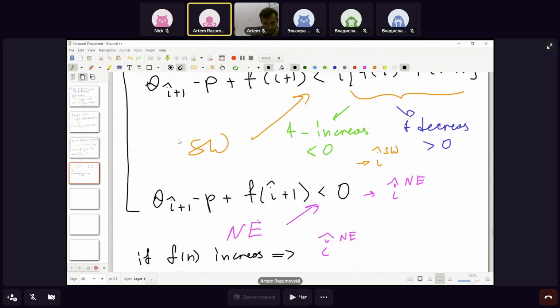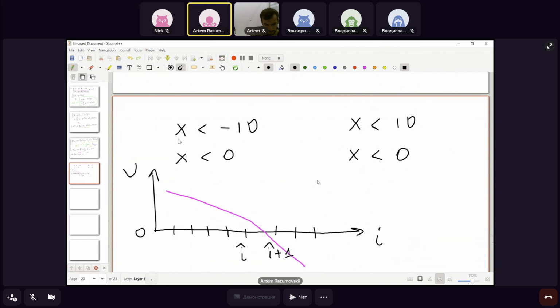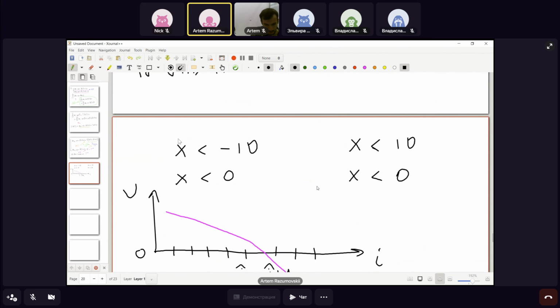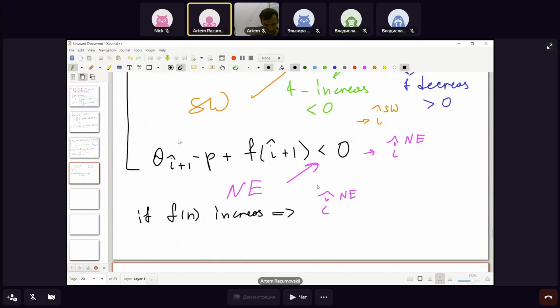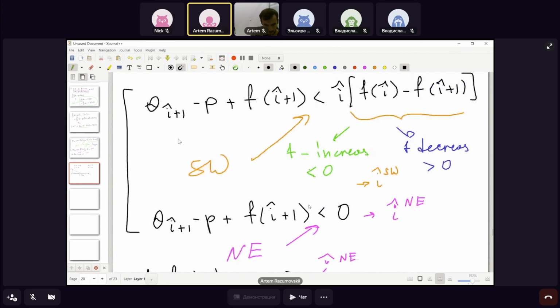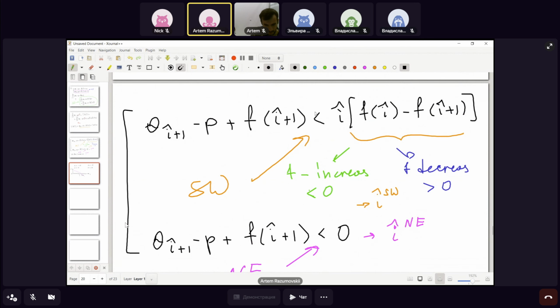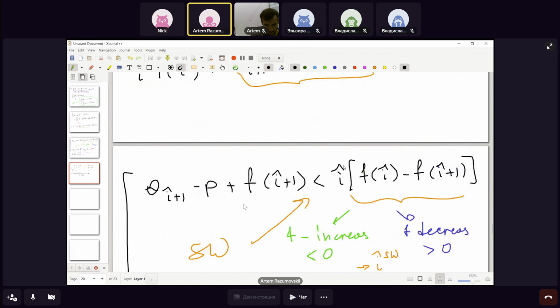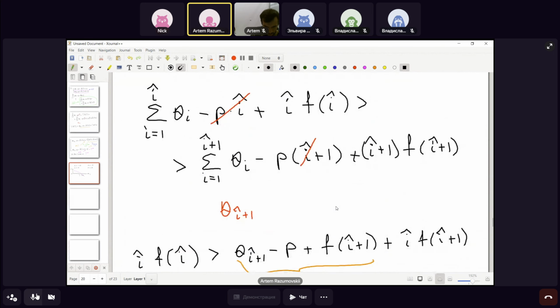And now they have the comparison. If function is increasing, then you're supposed to be less than something negative if you are increasing. Well, I opened somewhere here.